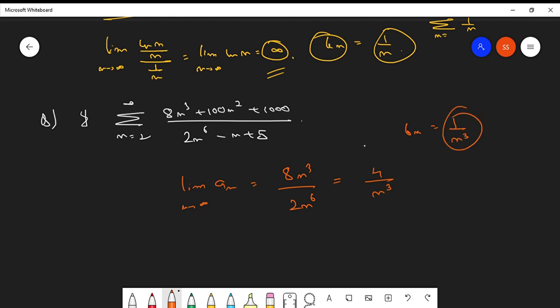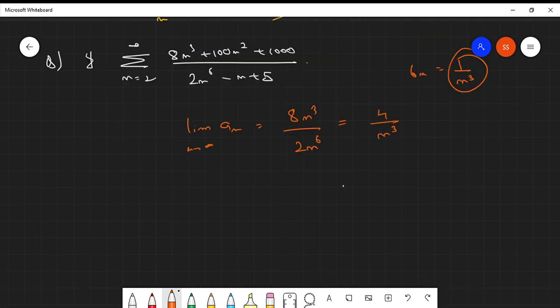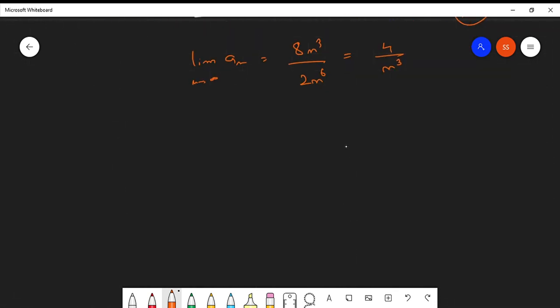This is a converging series. I wrongly called it a harmonic series; 1 over n cube is not a harmonic series, as it does not have an AP in its denominator terms.